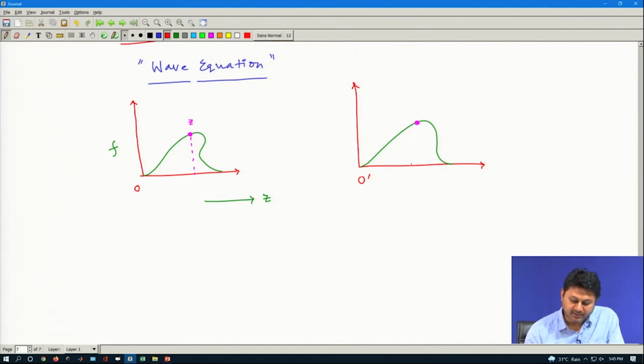Somebody in this frame will see no change at all in the wave.